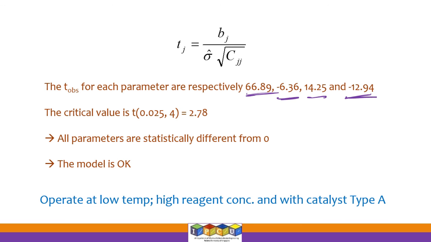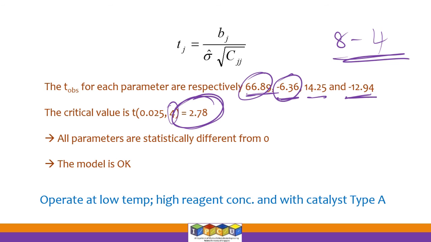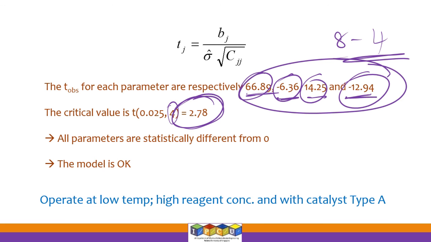And then if you look at the critical value, in this particular case with 4 degrees of freedom, because you have 8 data points and 4 parameters, so the degrees of freedom are 4, you get 2.78. All these numbers are bigger than 2.78 in magnitude, which means these are statistically different from 0. That means all 4 estimated parameters are statistically different.